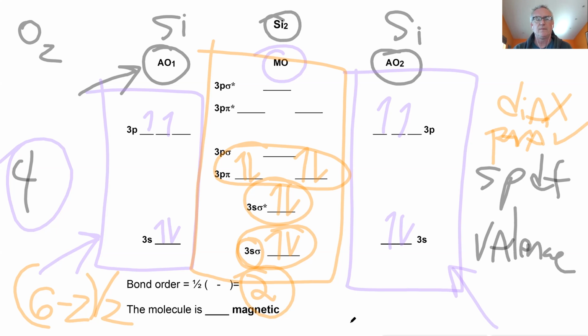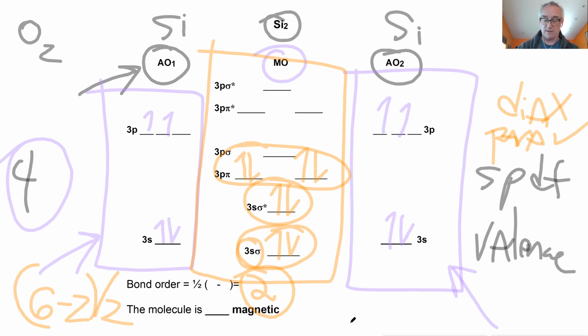But basically, here we can see that since all of the electrons are paired, the net spin is nil, zero. So we could put a magnet in front of this and it's not going to go towards either pole.